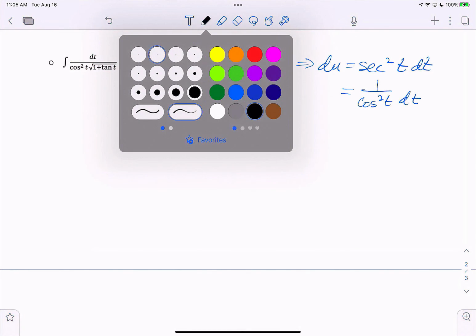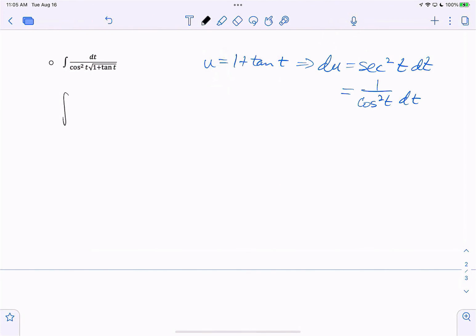So if I rewrite this integral, I can rewrite it as 1 plus the tangent of t to the negative 1/2 power times the secant squared of t dt. And all I'm doing is I'm writing in the denominator cosine squared of t as a factor of secant squared of t.